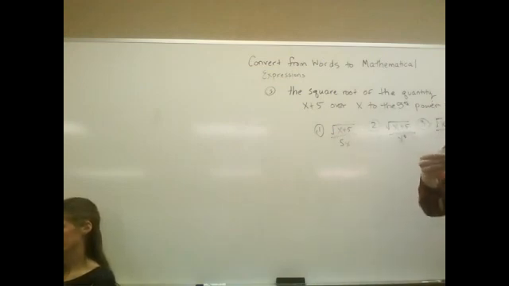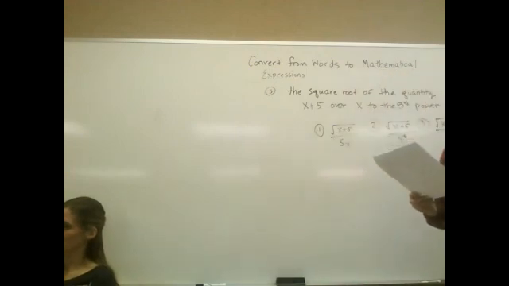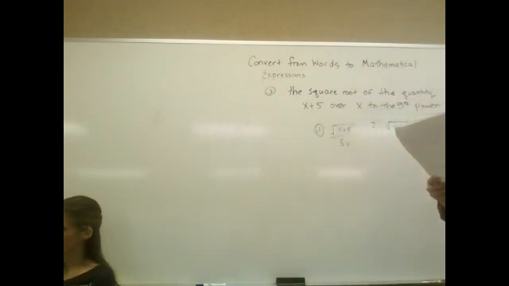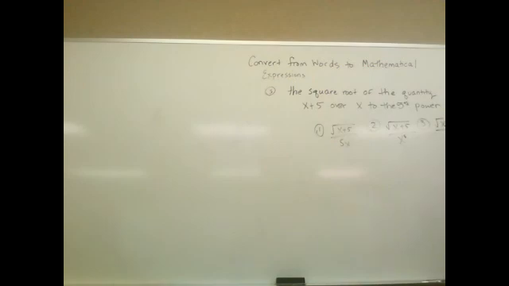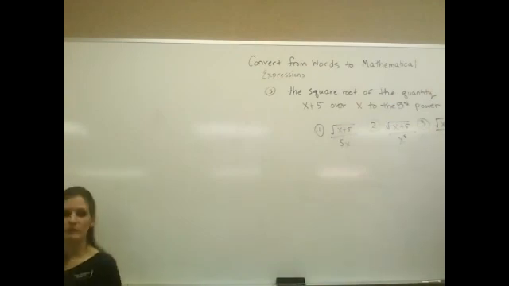So that way, when you get to number 2, and I'll read out number 2 together, it says, translate the following from words to a mathematical expression. Let A and B be our variables. Okay. So the sum of 2 times A and B divided by 3.